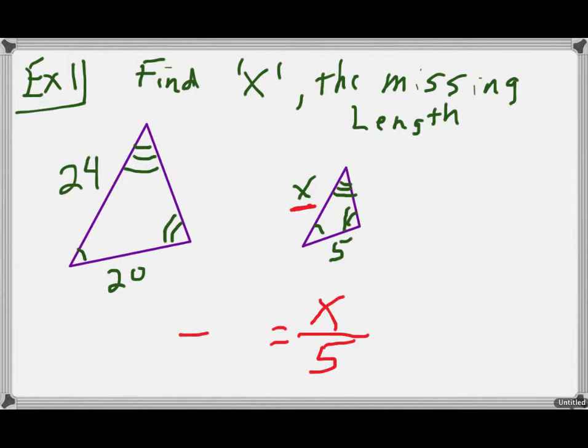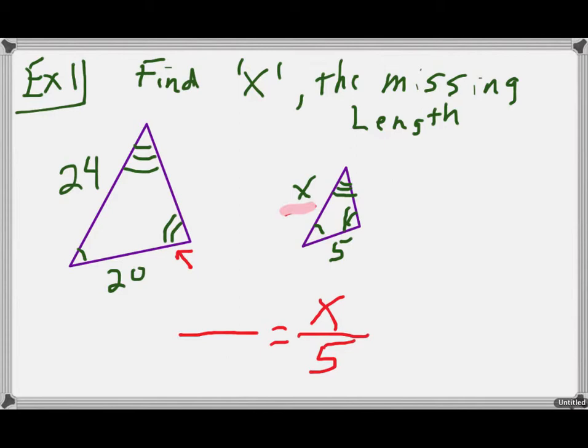Now, for the bigger triangle, I'm going to look at the corresponding side of x. I want to highlight that in pink. And since I put x on top, I'm going to put the corresponding side of the bigger triangle on top as well.